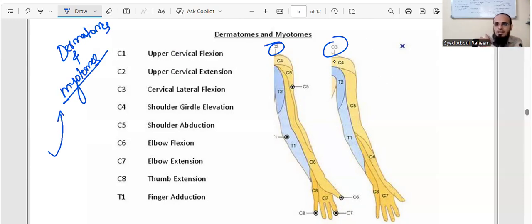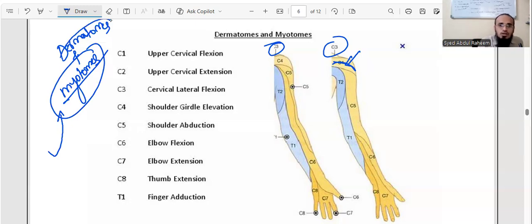A single nerve is going to insert there, and its basic duty is to do the function of the muscle. The function of the muscle is happening due to that one nerve. So this is called a myotome.